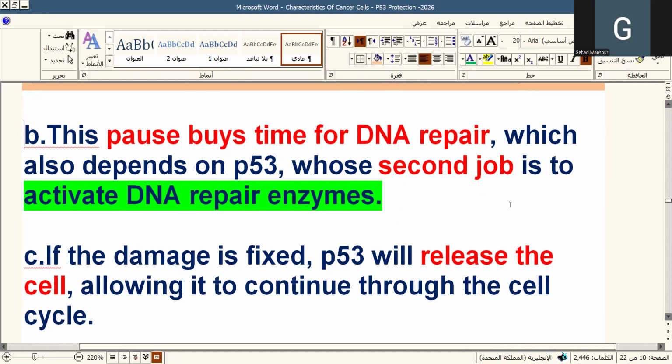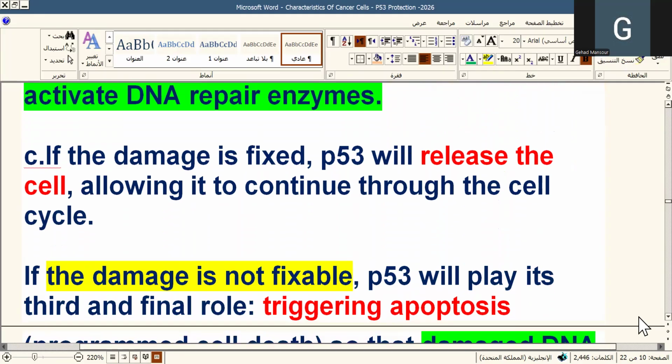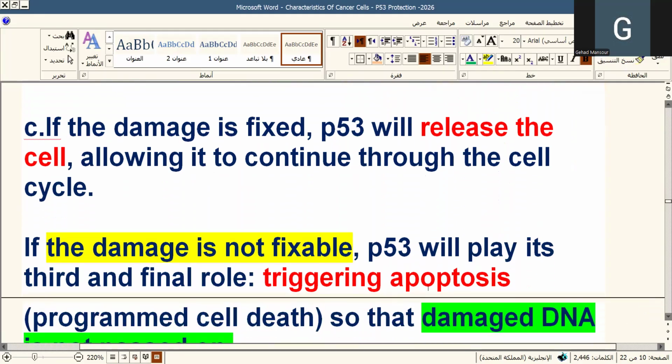The second job of P53, after binding with the damaged DNA, is to activate the DNA repair enzymes as we have just explained. And then if the damage is fixed, P53 will release the cell. It will receive a go-ahead signal: just continue your journey in the cell cycle and it will end up giving daughter cells.